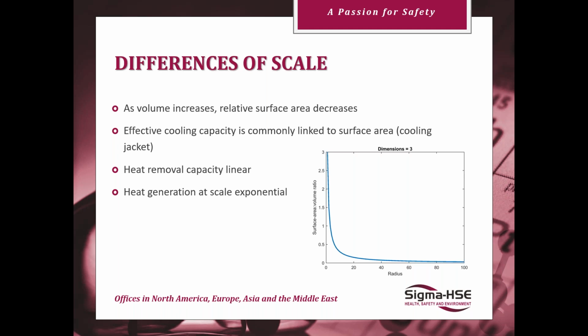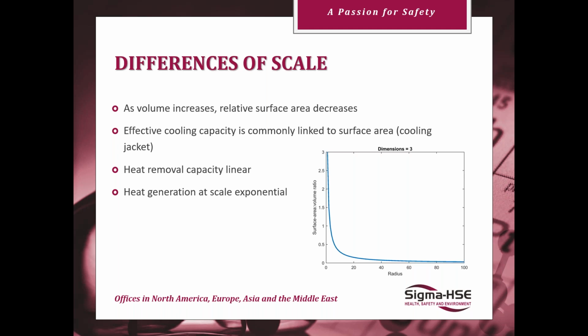I've put this graph in here, and this is a typical plot for a cylinder, and a lot of our reactor designs are typically cylinder shaped. As the radius reduces from right to left here, you get a steep increase in the surface area to volume ratio at a smaller vessel size.